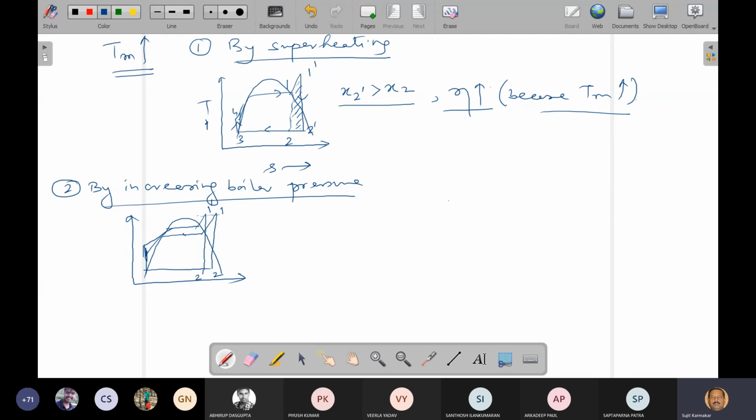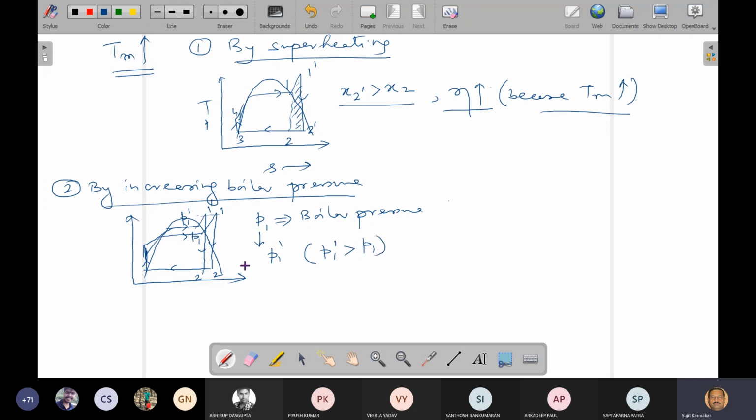The pressure, first P1, is now P1 dash. P1 is the boiler pressure, and now it is increased to P1 dash. So that means P1 dash is greater than P1.